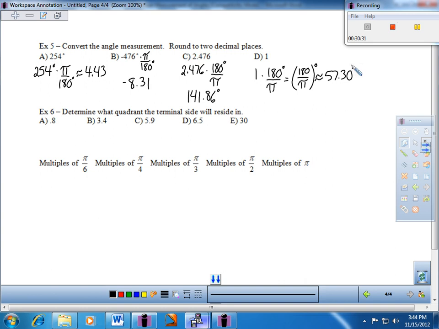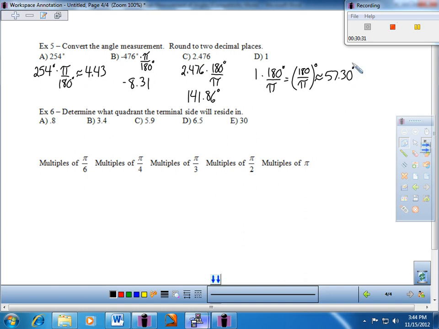Now, I won't make you do this, but I am just curious. It would be great to see if you grab a protractor and go back to the previous notes worksheet where you constructed 1 radian, to set your protractor down and see how close to 57.3 degrees that actually is.